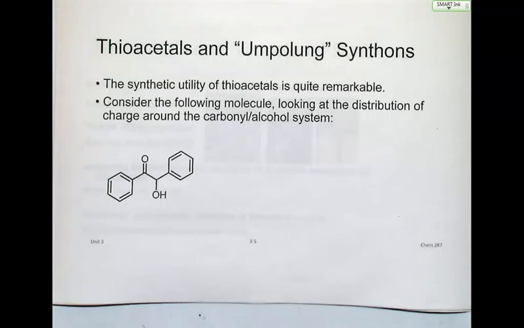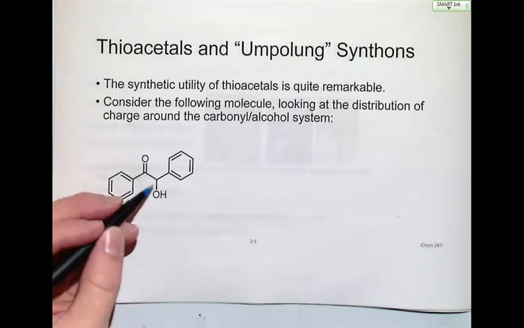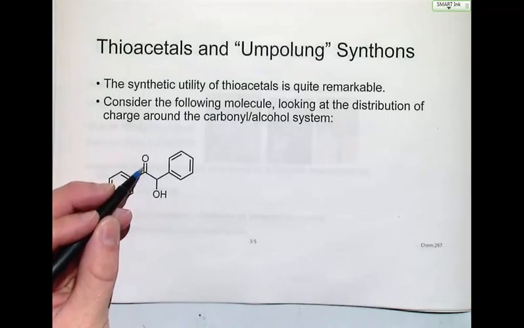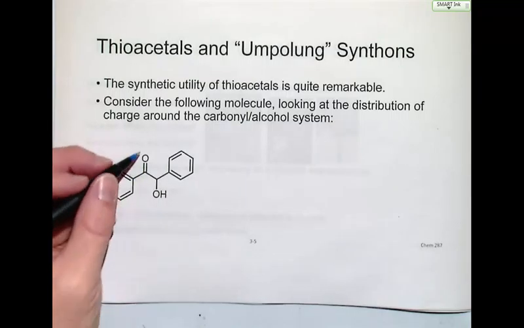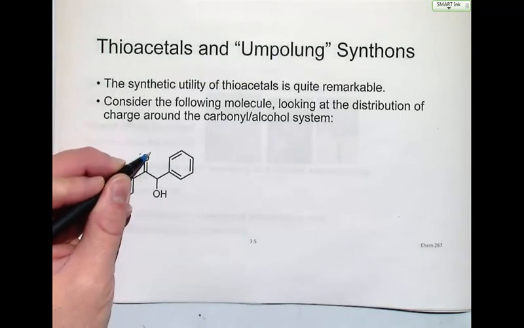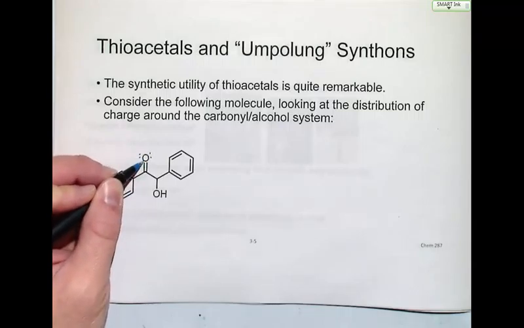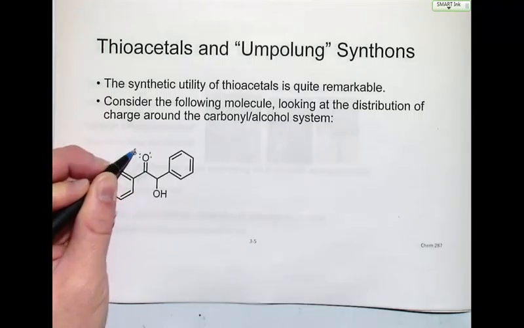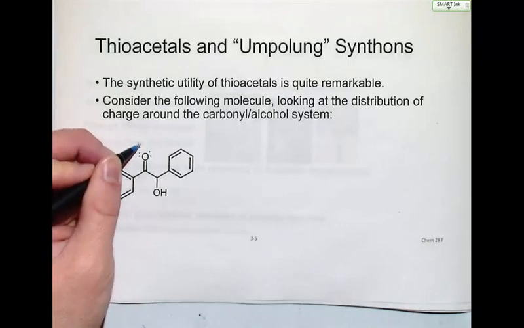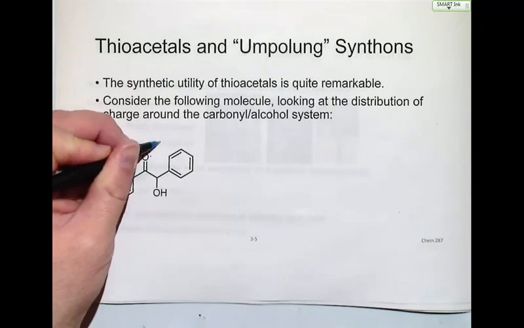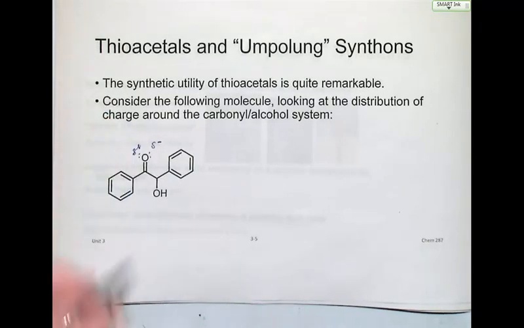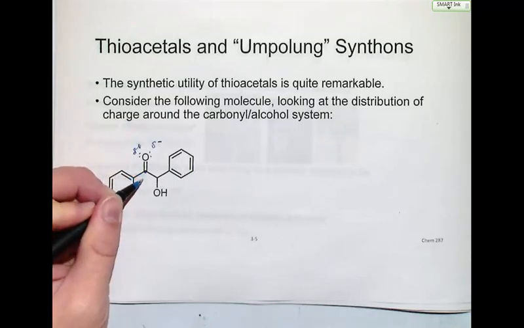Let's do that here to this little carbonyl hydroxy system and see what we get. So what would the partial charge on this oxygen be? And then that makes the carbonyl carbon delta plus, right?